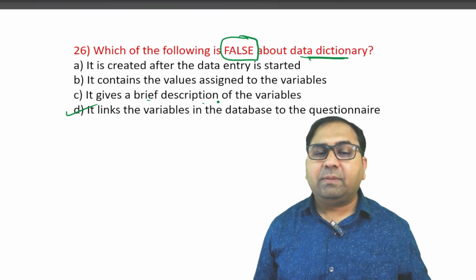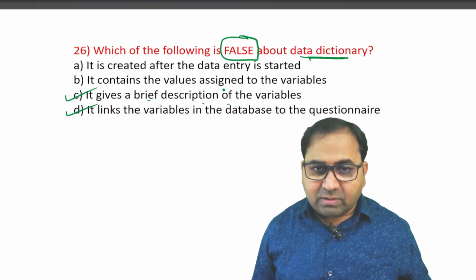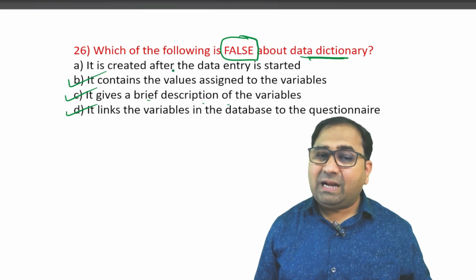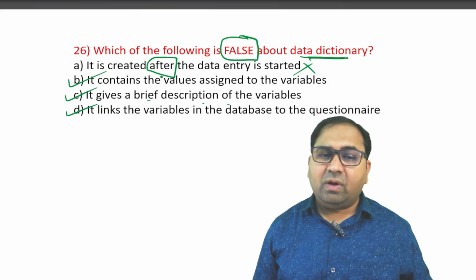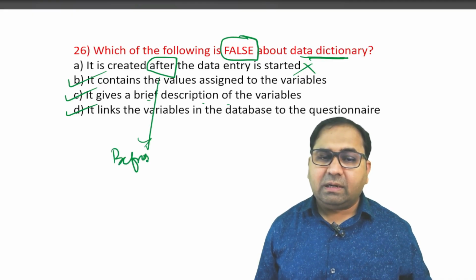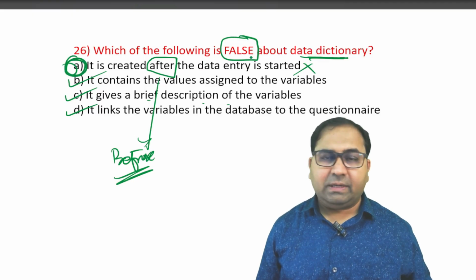It gives a brief description of the variables. Yes, even this was correct. Then it contains the values assigned to the variables is also correct. But that it is created after the data entry is started is wrong, because the dictionary is always created before the data entry started. Okay, so we got the answer for our question.